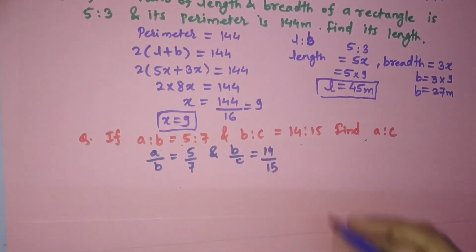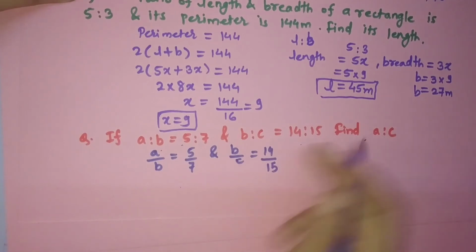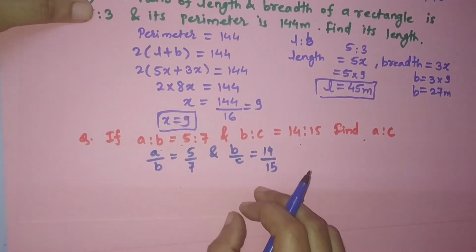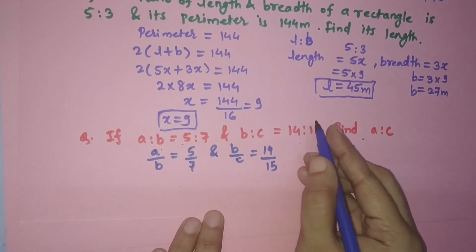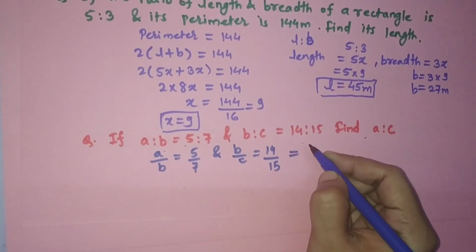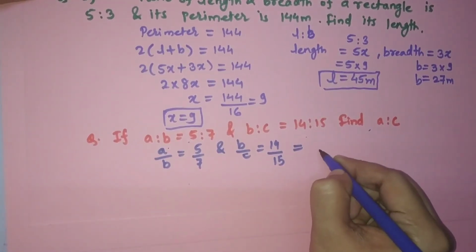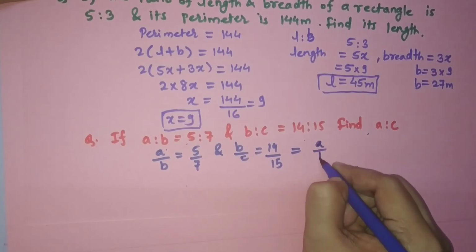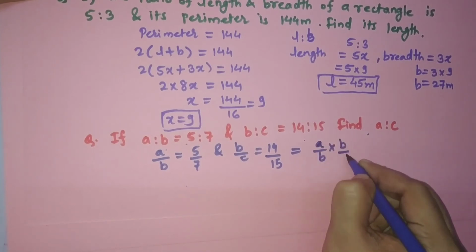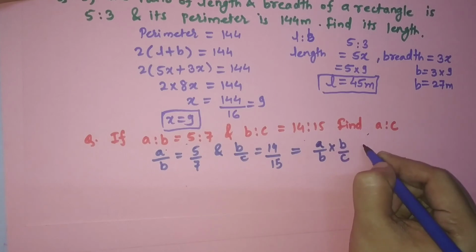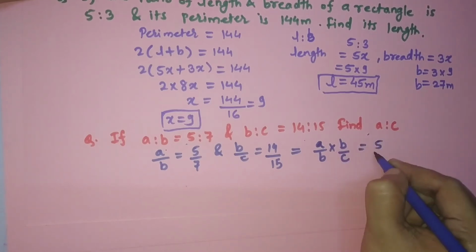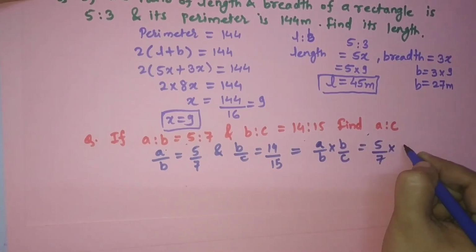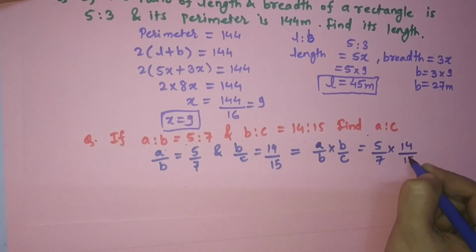So friends, we need to find out A by C. If you multiply these two ratios, we'll get A by C. So here we'll write down A by B multiplied by B by C. So we just need to multiply 5/7 into 14/15.